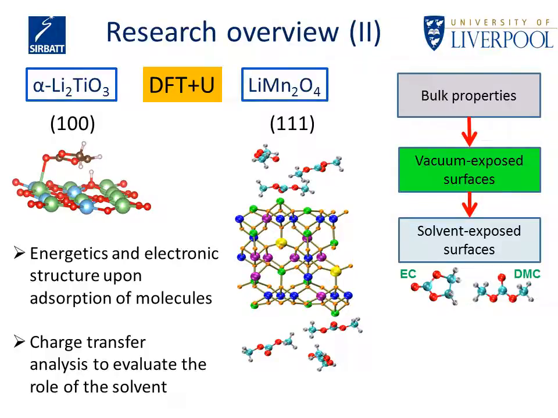This study allowed us to evaluate the changes in energetics and electronic structure upon the adsorption of molecules. In addition, we could carry out analysis of the charge transfer between the electrolyte and the surfaces.